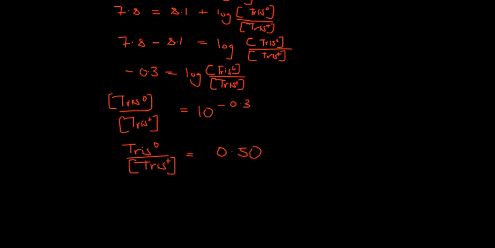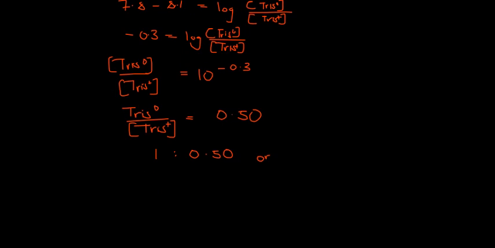So this is the ratio, a ratio of 1 to 0.50. Or this ratio can be written as a 2:1 ratio. This is the ratio. We are done with the first part of question A.